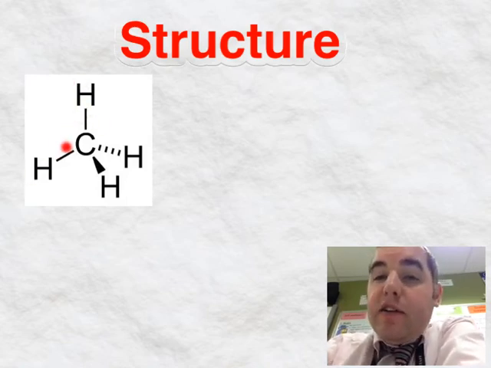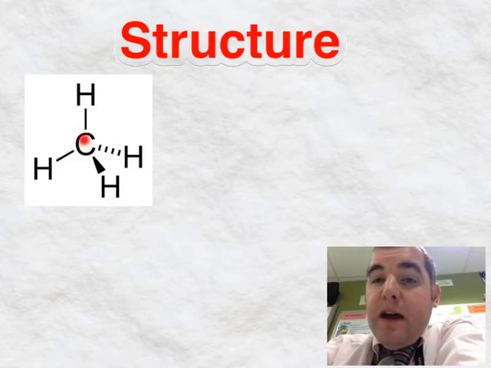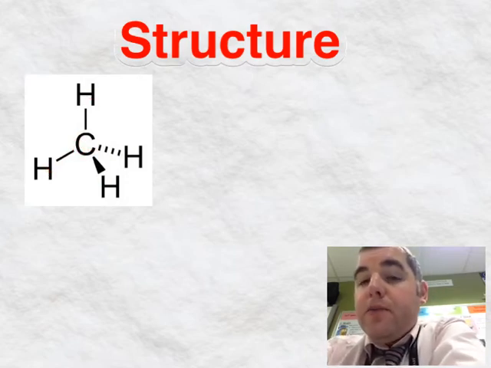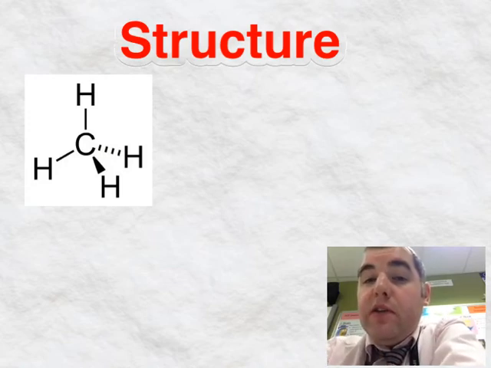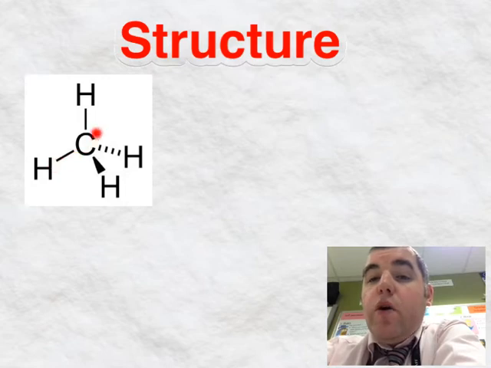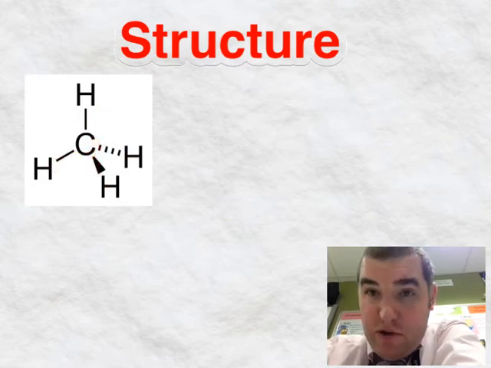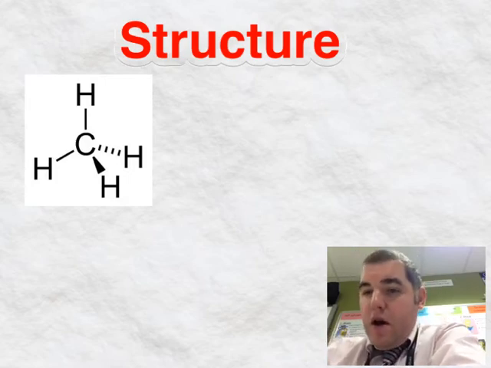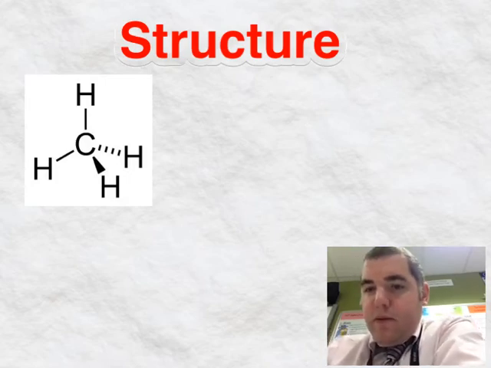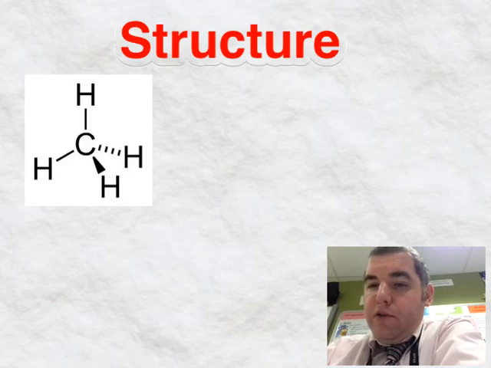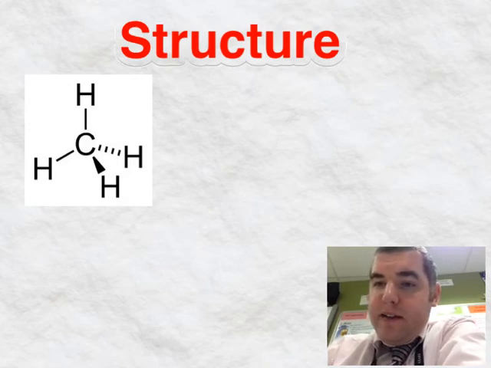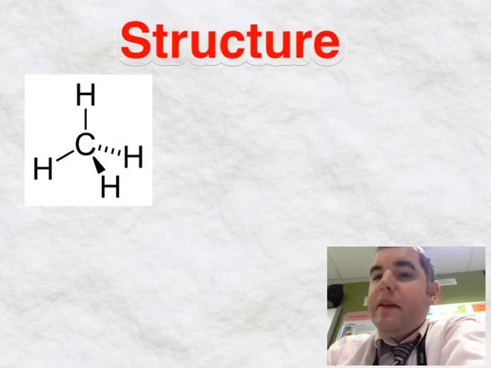We can see the central carbon there has 1, 2, 3, 4 bonds. From the previous one where we looked at methane, it has 1 carbon, and then 2 times 1 is 2, plus 2 gives us our 4 bonds or 4 hydrogens.